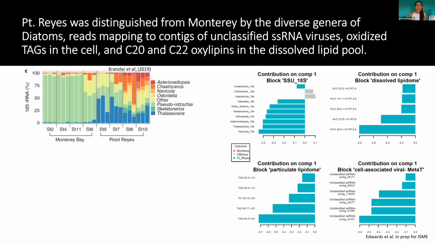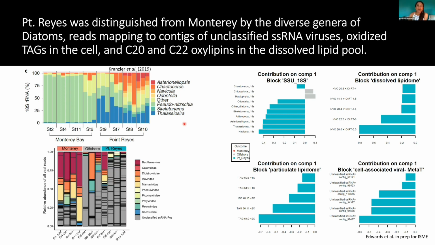And so we can see that Point Reyes is really distinguished from Monterey Bay based on, one, the diversity of the diatoms present in the 18S sequences. So you can see that Monterey Bay is really more Pseudonitzschia dominated, whereas all of these other taxa, specifically Navicula and Thalassiosira, were distinctive for Point Reyes.